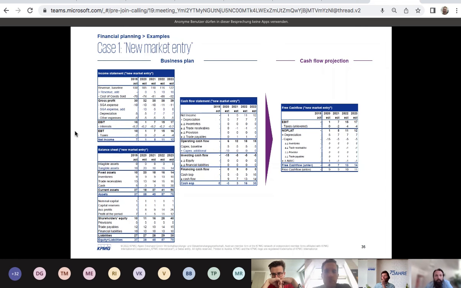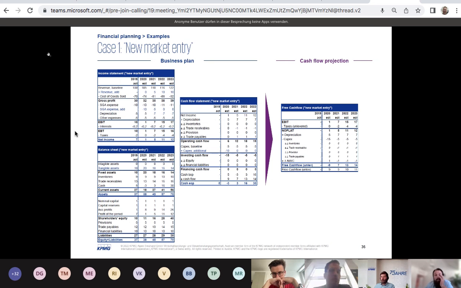Perfect. And then we start with the new market entry. This is a case where we just wanted to simulate how our cash flows would look if we assume that our company enters a new market, right? And we highlighted the changes in blue, and we added some line items so that it becomes apparent what has changed.